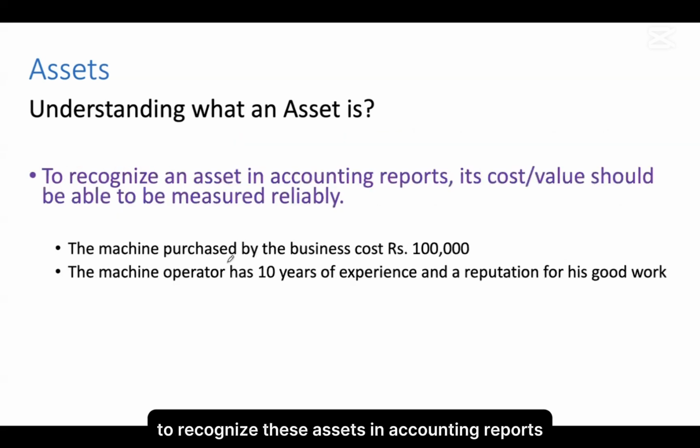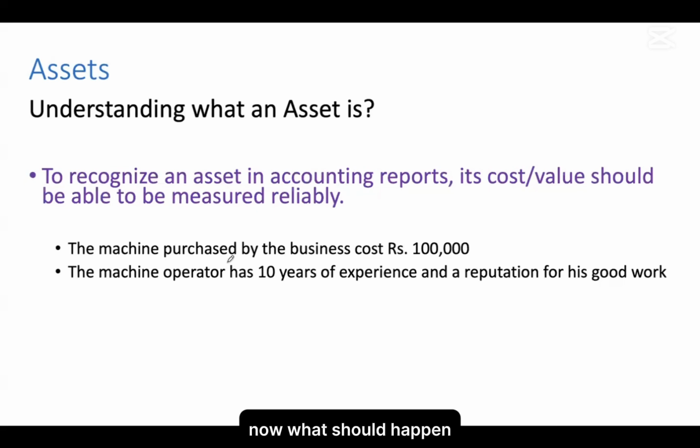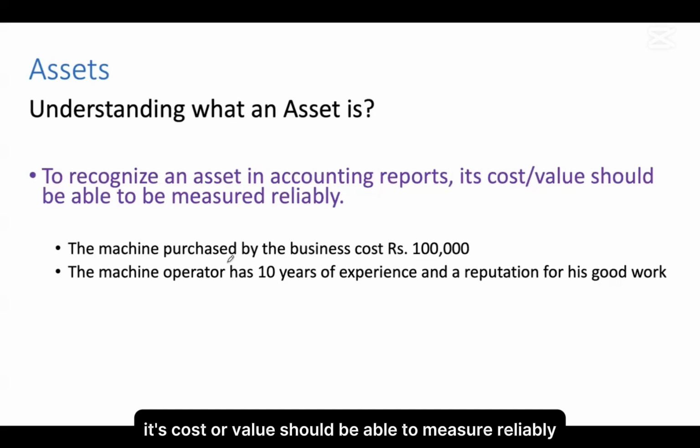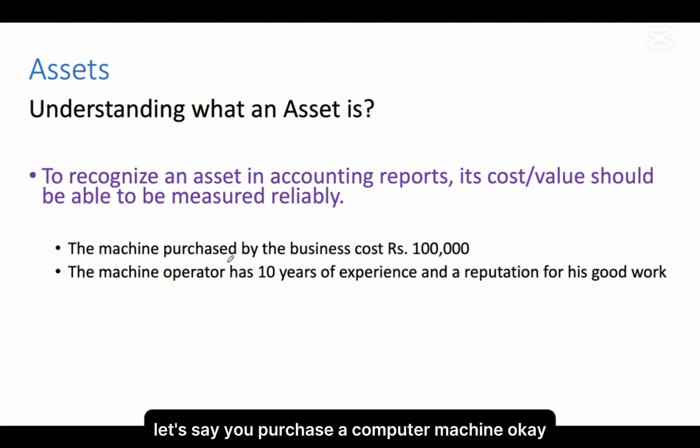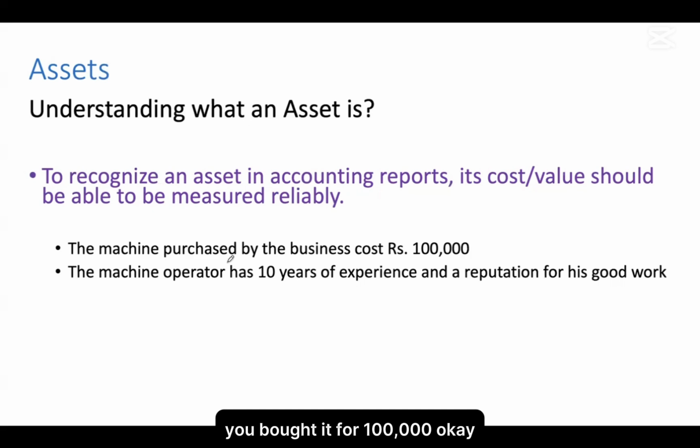Further, to recognize these assets in accounting reports, its cost or value should be able to be measured reliably. For example, let's say you purchase a computer and you bought it for 100,000, then you can measure it at cost. Or let's say you bought a stock that is worth 200,000. Its value is 200,000.